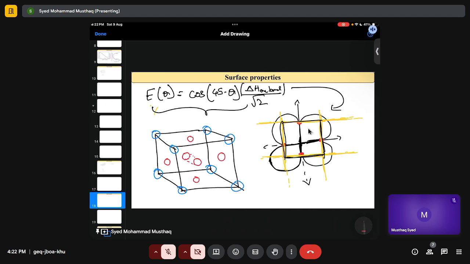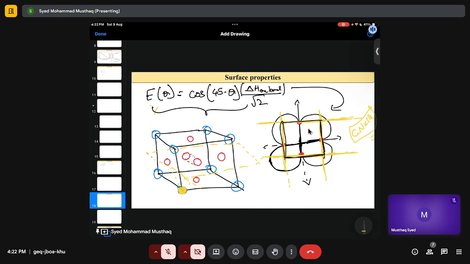So if I try to cut the surface here, that will be different, because this atom is not shared by these blue ones, but these are very near to the red one. So in FCC, you will have coordination number 12.